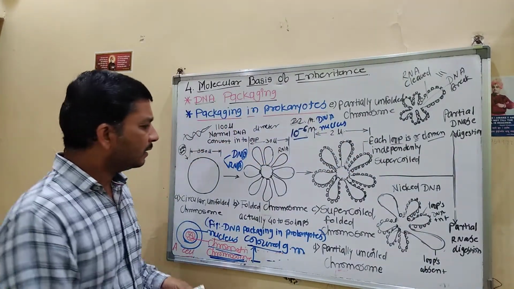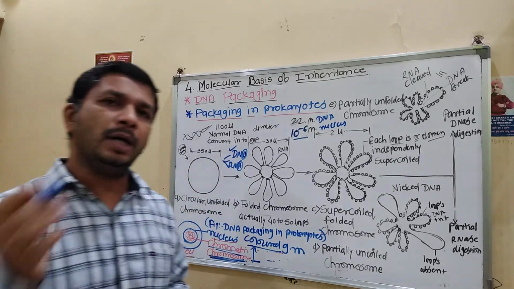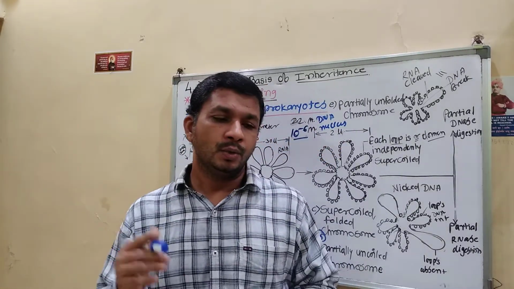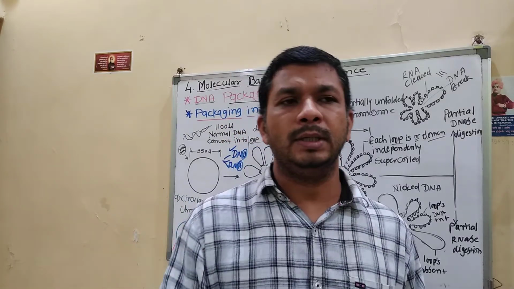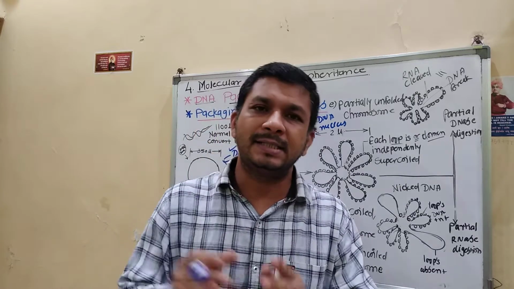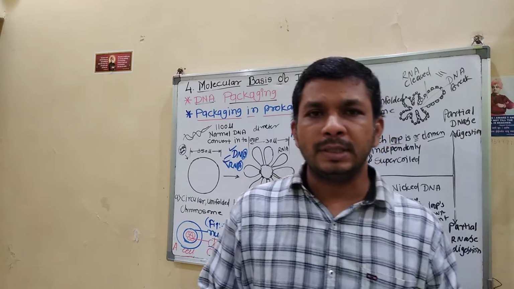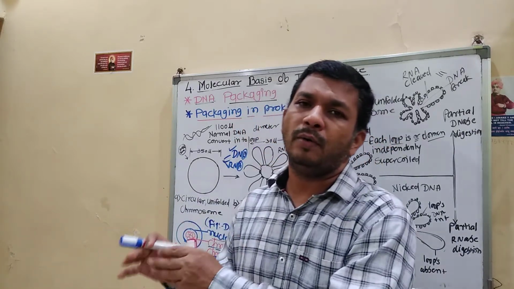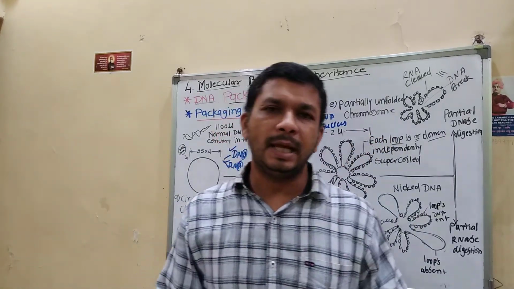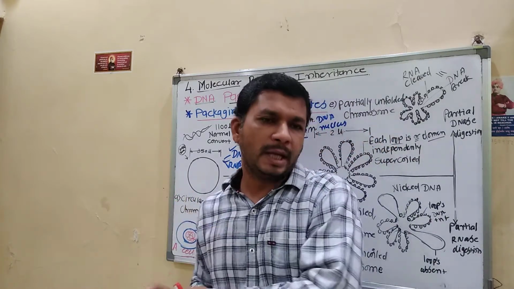And again, when we are talking about the eukaryote and prokaryote nucleus, eukaryote means, as I told you in the previous lecture, eu means true, karyote means nucleus. A true nucleus is present inside the cell. That cell is called a eukaryotic cell. And another is the prokaryotic cell. Pro means primitive form of nucleus, because the nuclear membrane is absent there, that's why we call it a prokaryotic cell.